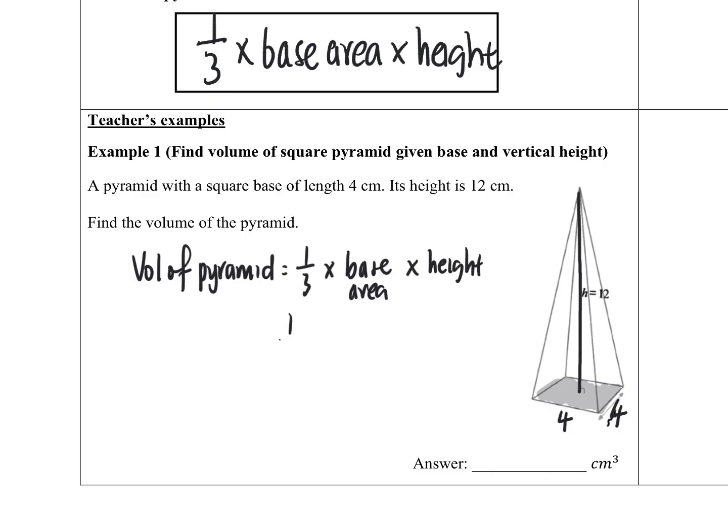The base area is the square, the height is 12. Just put the length in and you will get 64 cm cube. So it's quite direct. You need to memorize this formula. It's not given. Fortunately or unfortunately, you have to memorize it.